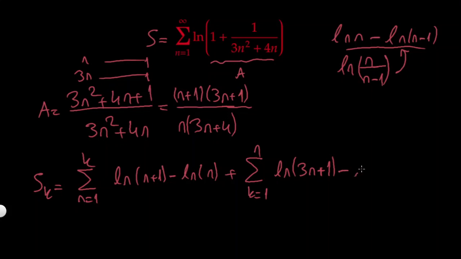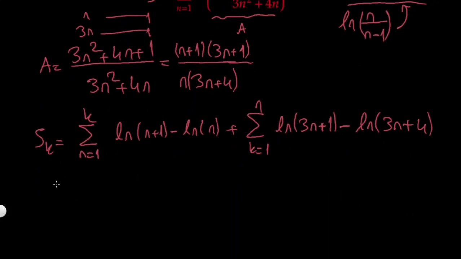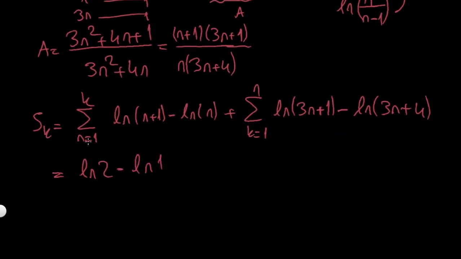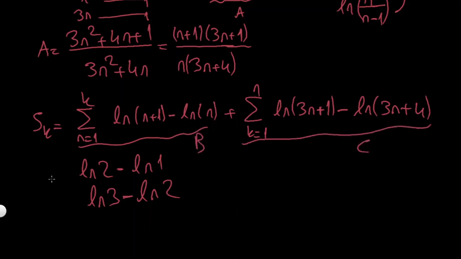minus ln of 3n plus 4. Okay, cool. So this part is quite obvious. Let's write this part first. If I put n equal to 1, it's going to be ln 2 minus ln 1. Let's write one more term. If I put n equal to 2, it's going to give me ln 3 minus ln 2. Let's call this part b and this part c.